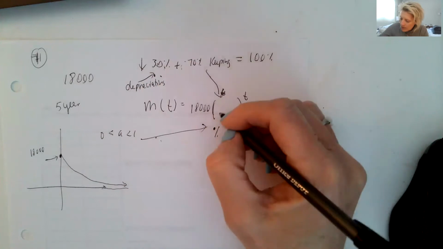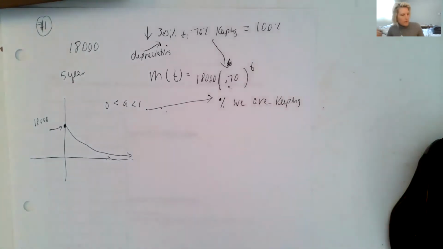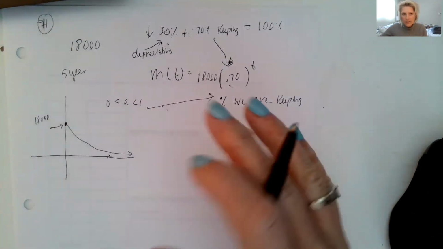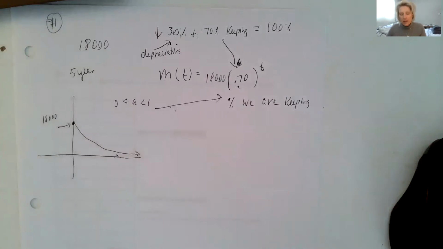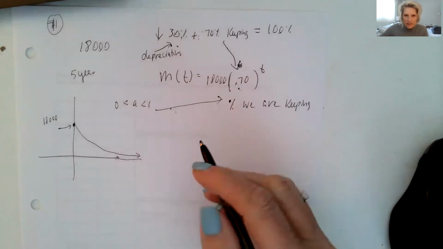So that's what goes in here, 0.7. We're going to come up with some letters to help us with that, but for now, we're just going to put that together. We're going to worry about that a little bit more in 4.4.